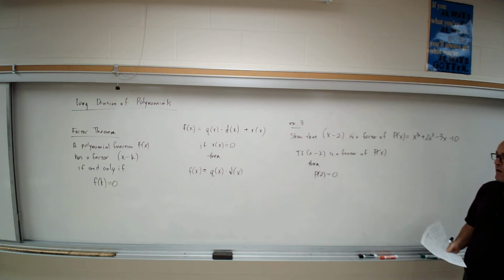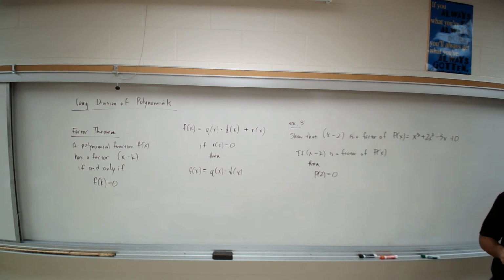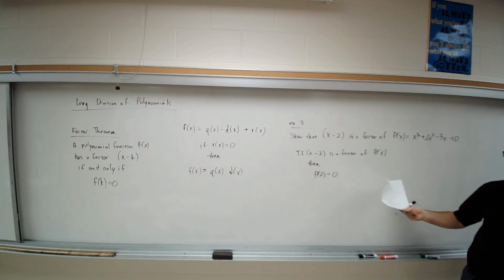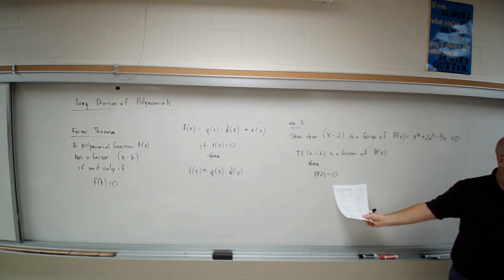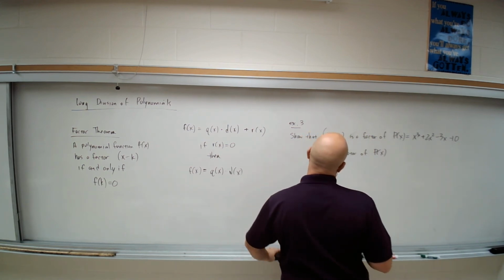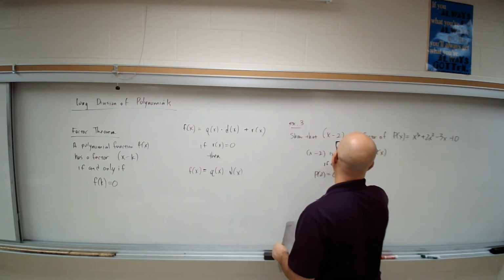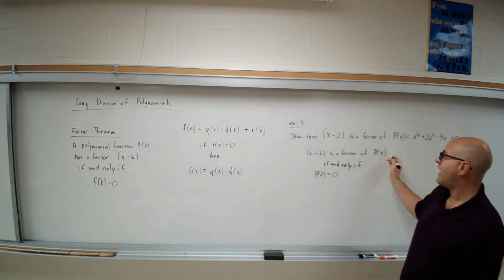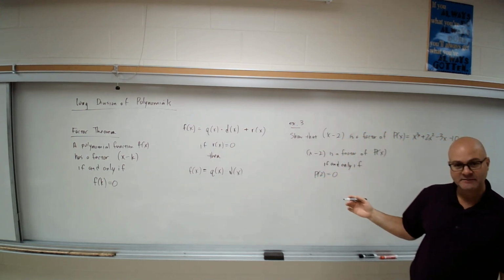So instead of going to all the trouble of factoring it out and doing the long division, we can just show that when I put 2 in here, I get an answer of 0. Actually it was an if and only if statement, meaning it's biconditional: if the top line is true, the second line has to be true.